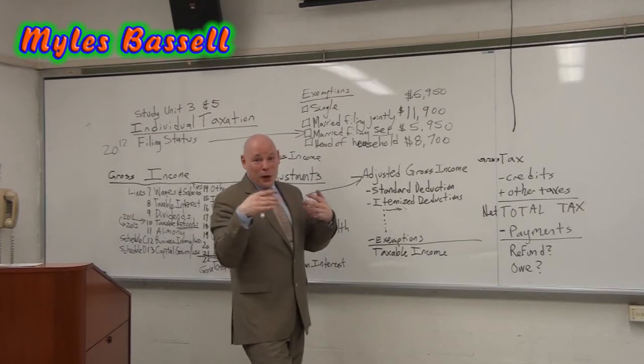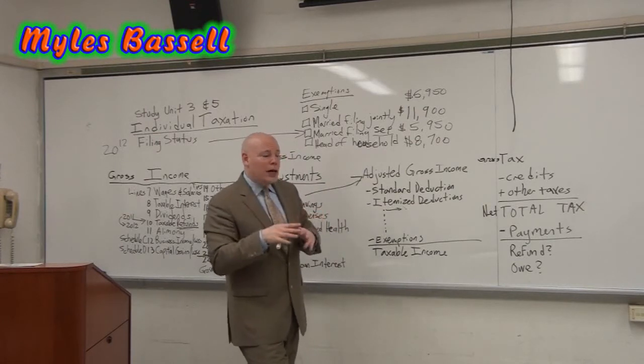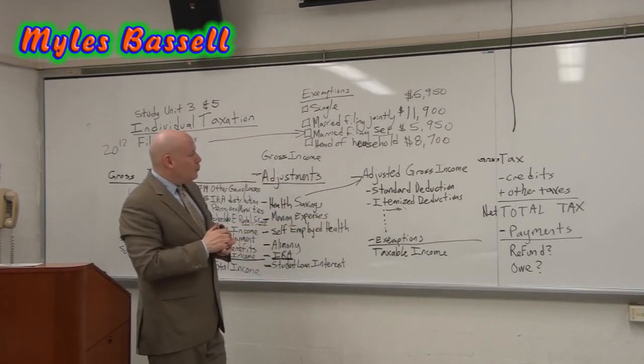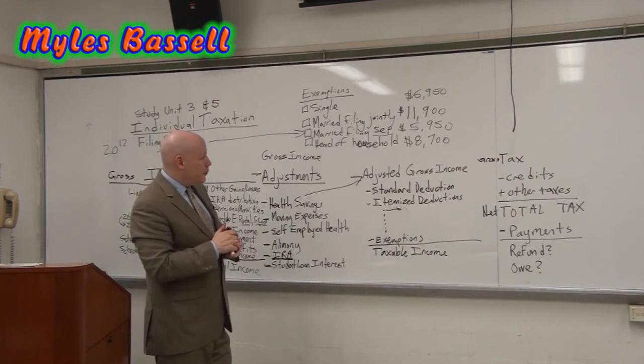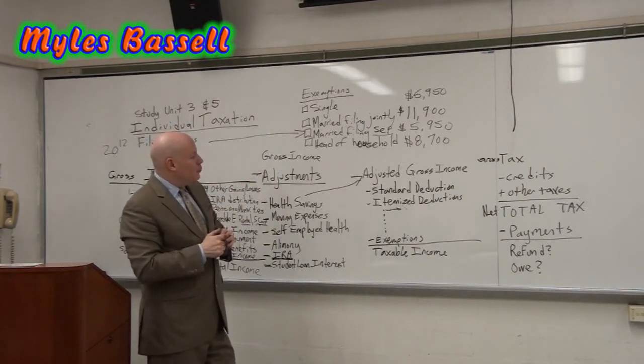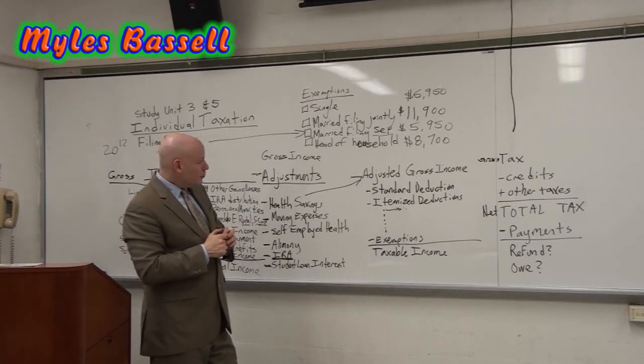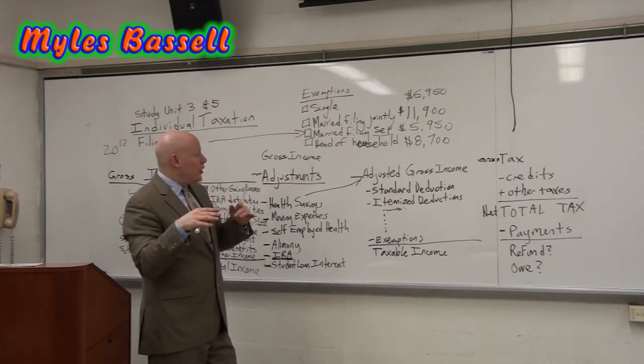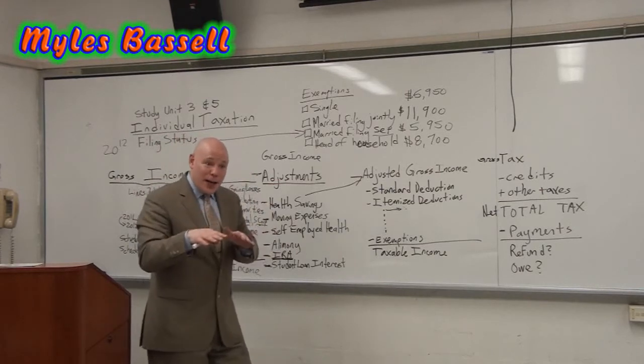So you have a qualifying person or a qualifying relative. A qualifying child or qualifying person. A qualifying person is specifically not a qualifying child.